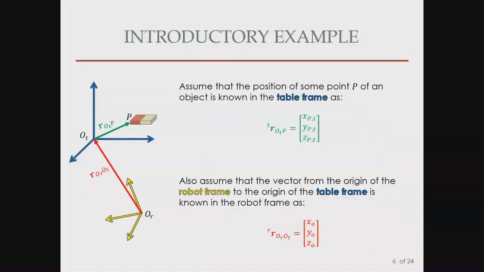So here is a simple example to just motivate what we are going to do. Now imagine you have the robot kind of here, and let's say the robot senses the corner of the table at this point OT, and it knows how to generate this red vector from, let's say, the end effector of the robot, OR, to point OT, which is the corner of the table.